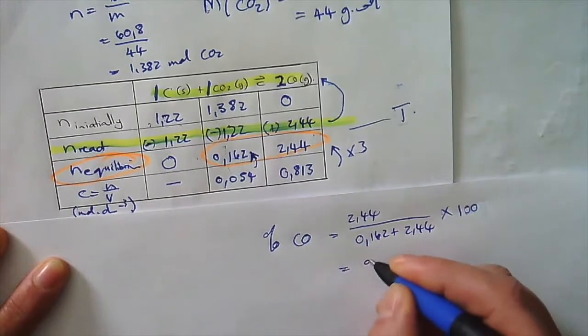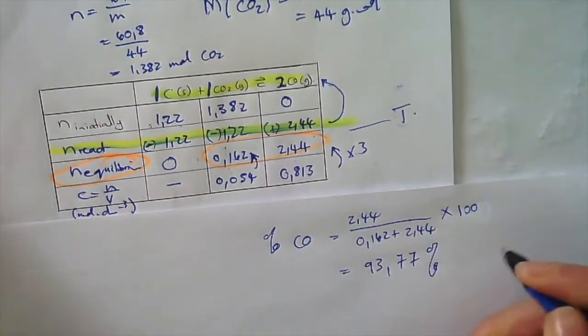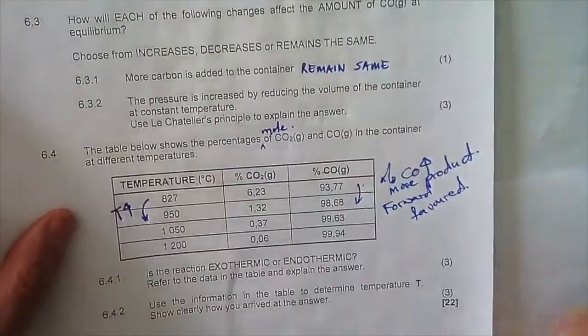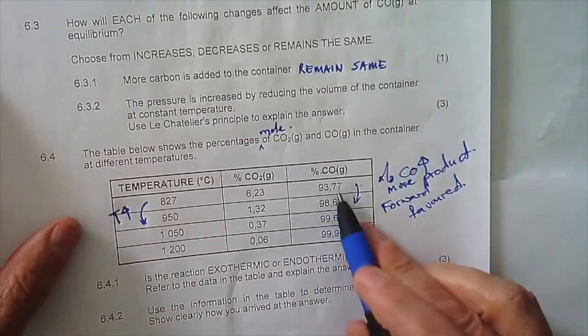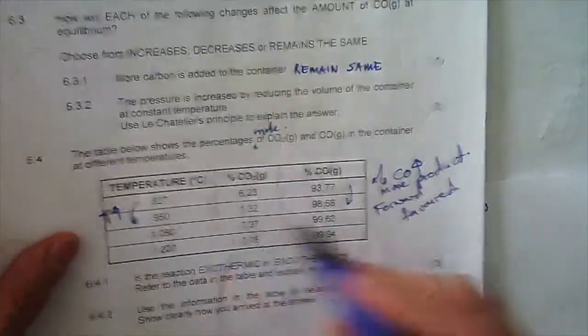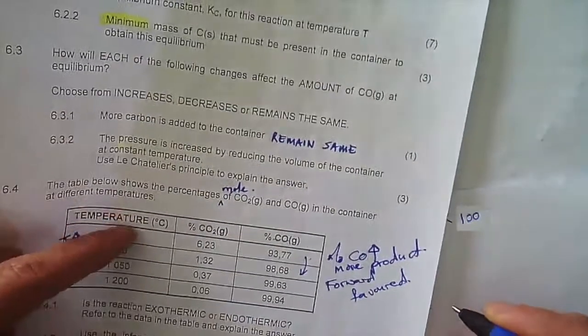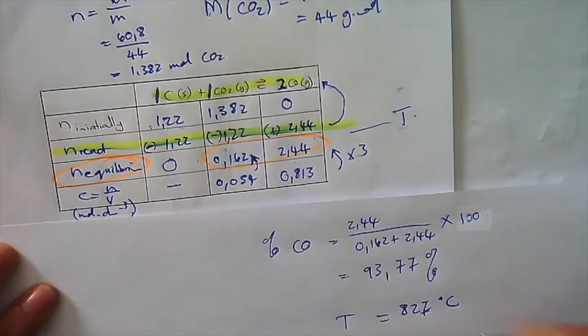And that gives you 93.77%. And then if you go back to your table, you will see if the CO percentage is 93.77, that tells us we are at a temperature that is 827, and just check the unit, degrees Celsius.